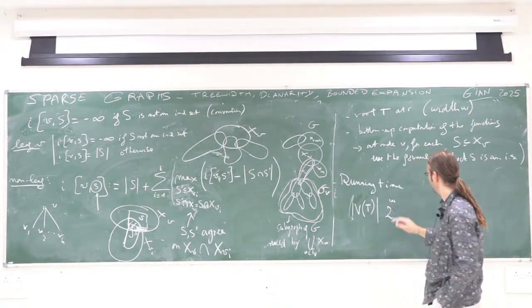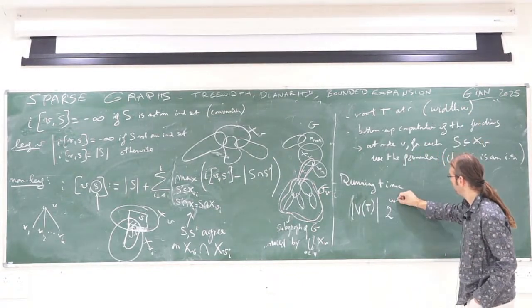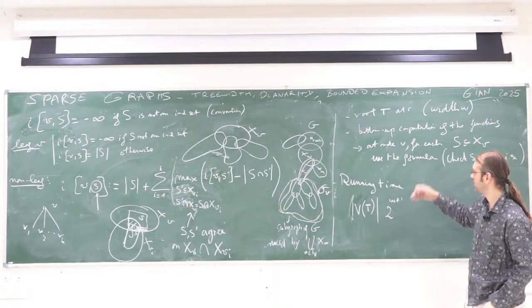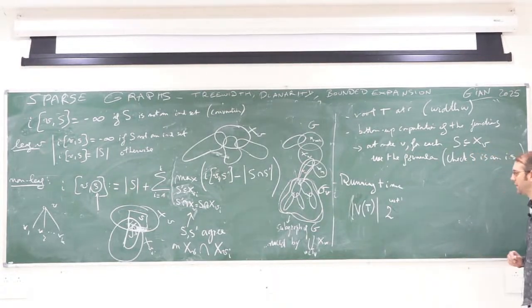So you are doing 2 to the w plus 1 functions. Remember, the width is the bag size minus 1. How many possible S are there? The number of subsets of the bag, so 2 to the power w plus 1.